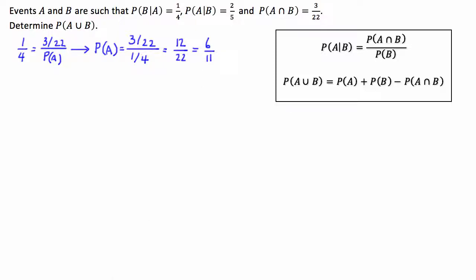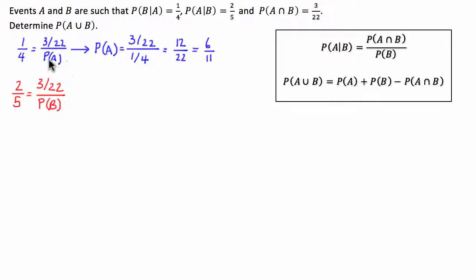Cool, so we're going to do exactly the same strategy to find the probability of B, where we know that the probability of A given B has occurred is 2 over 5, and that's equal to the probability that A and B occurs, which is 3 on 22, divided by the probability that event B occurs.